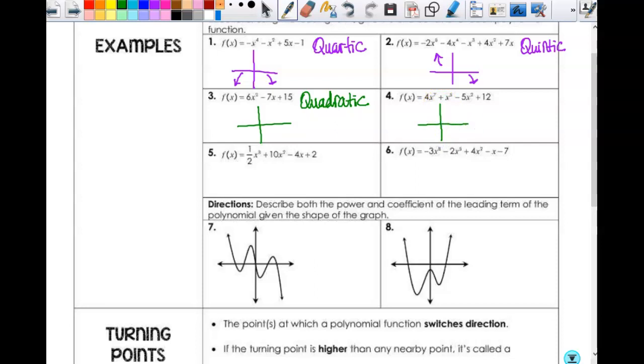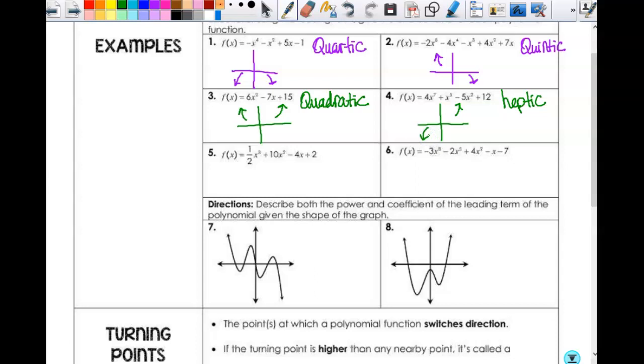Okay. No. Starts with an H. Heptic. Why is it always like H? Okay, so then since it's odd and it's positive, it's going to be down, up, like so.